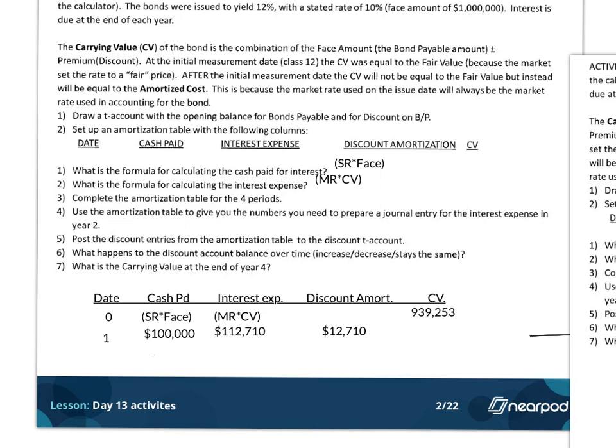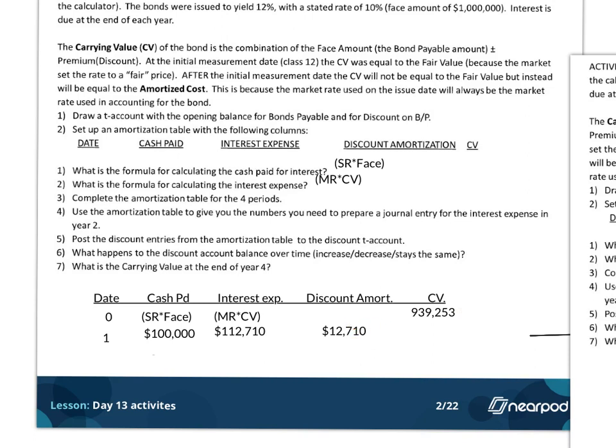And then the last thing I do to update for year 1 is to update the carrying value, which is $939,253. I'm trying to go forward. I know at the end of 4 years my carrying value needs to be $1 million, so I need to add 939,253 and 12,710.